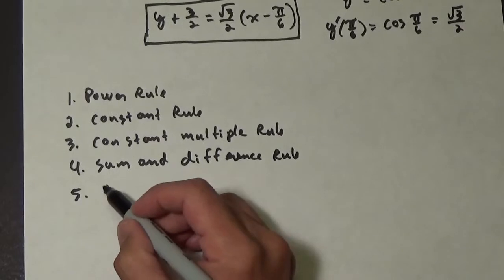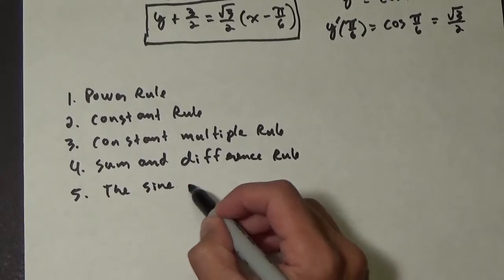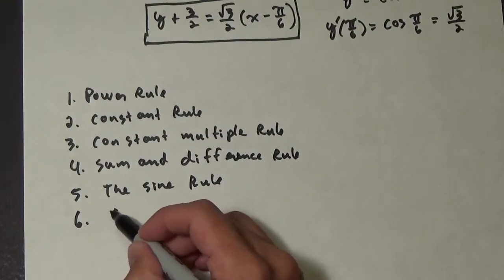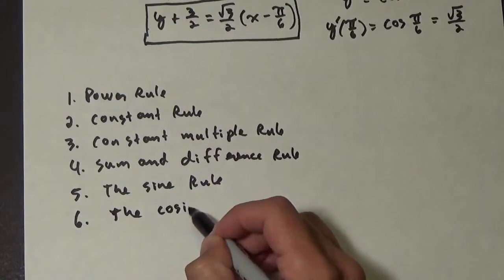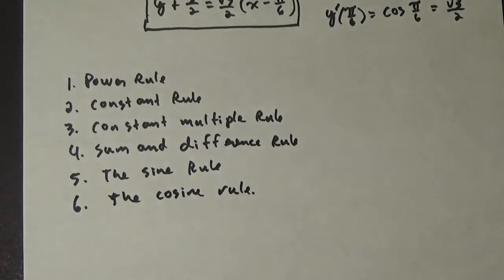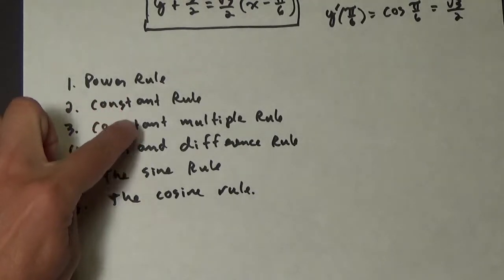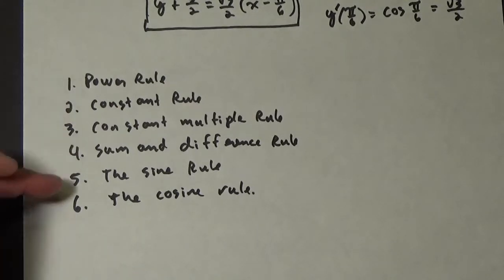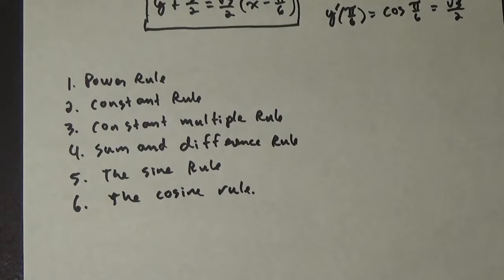We have the sine rule. And we have the cosine rule. Good. All these rules, you kind of just do almost automatically. You tend to not think about it. But we do need to remember the power rule, the sine rule, and the cosine rule. We'll use those rules so much they almost become second nature.